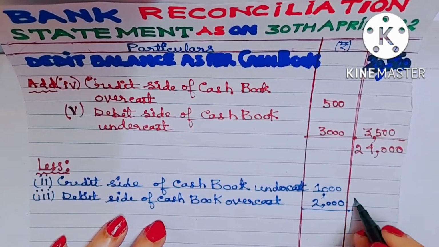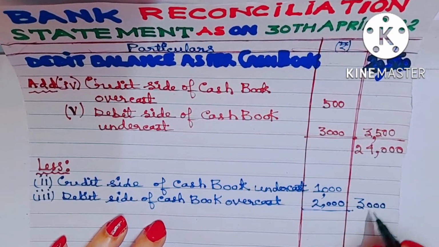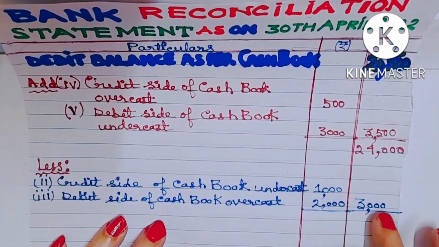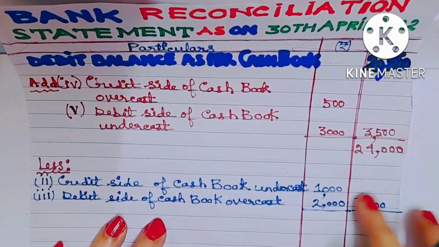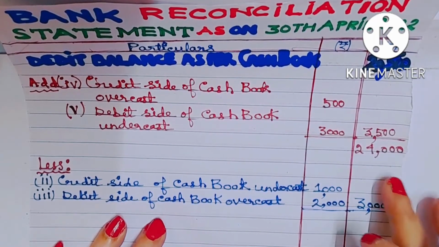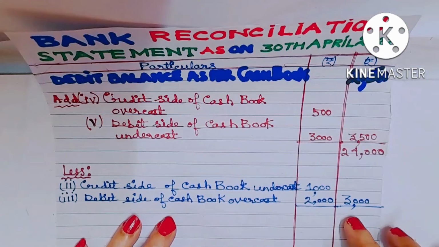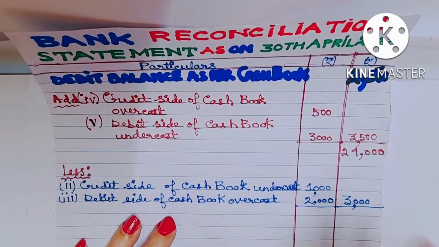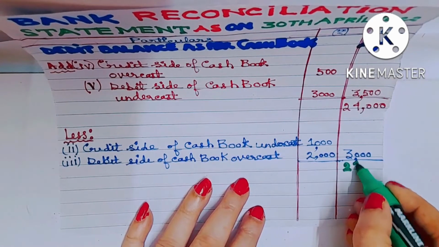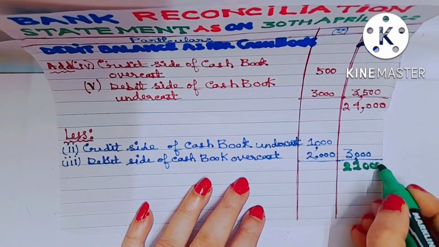We have to write this 3,000 in the outer column. Okay? Now let's deduct this 3,000 from 24,000. If we deduct 3,000 from 24,000, what will you get? 21,000. So let's write. So we'll get 21,000. Okay?